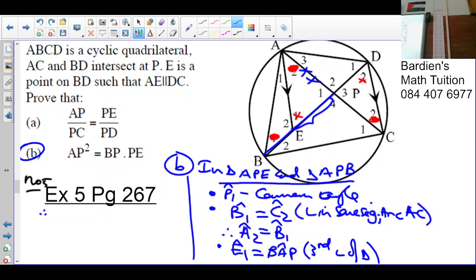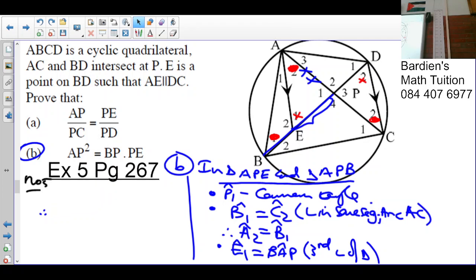Therefore, let's take this up a bit. We can say therefore, triangle APE is similar to triangle. So APE, the small triangle. A corresponded with the whole angle here, APE, the small triangle.